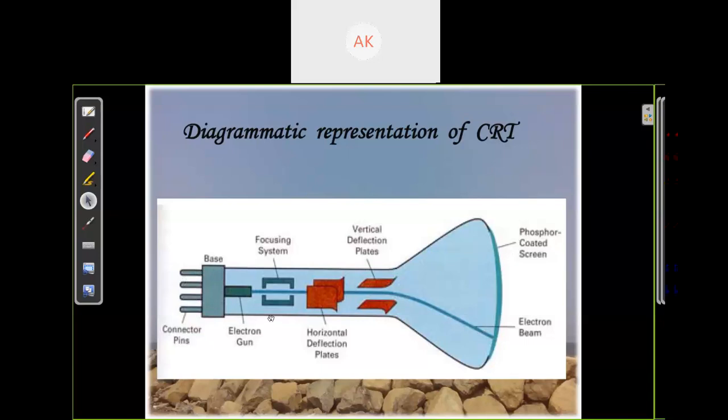In the vacuum inside the CRT, the free negative charge, the charge of an electron being negative, moves in this direction. Why is the electron moving in this direction? Because our phosphorus screen has a positive charge. The charge of phosphorus is positive and the electron charge is negative, so the electron moves in this direction in this vacuum tube.